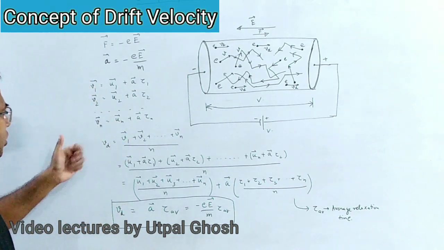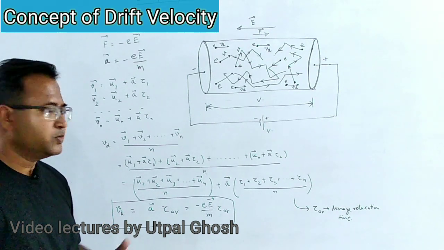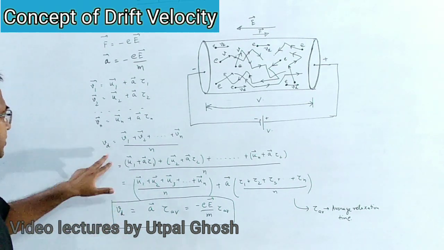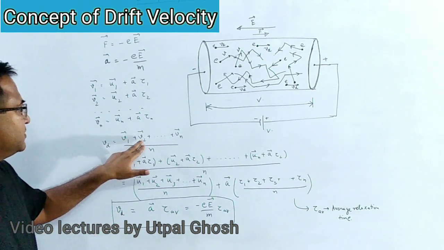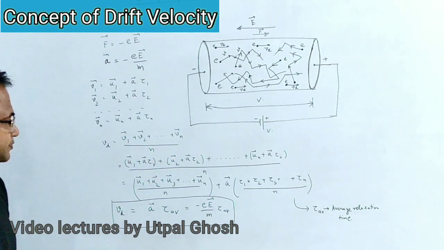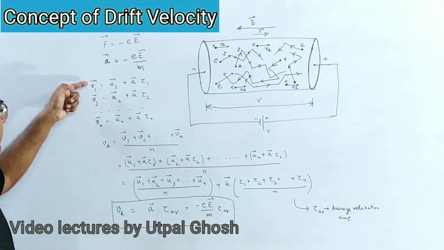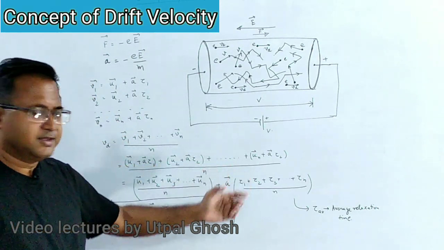So if we average all the final velocities of all the electrons, we will get the drift velocity. So drift velocity is v1 plus v2 plus dot dot dot vn, all divided by n. Now if we put the values of v1, v2, v3, vn from this, we'll get an expression like this.